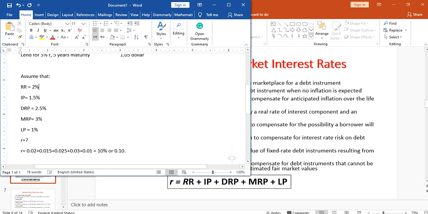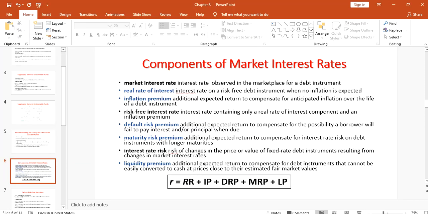Or I may ask you how much the lenders charge for the default risk of this company. So you will put everything here and solve for this. Very easy, again, piece of cake.